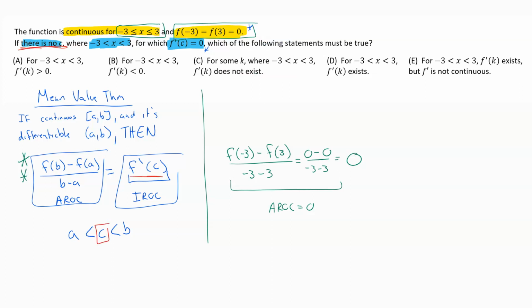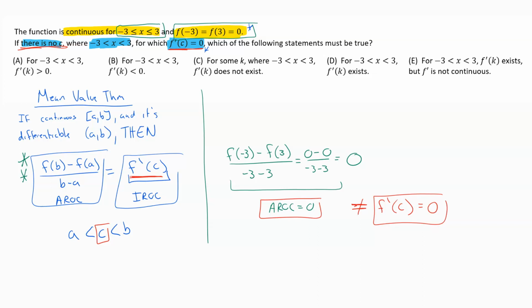We're not going to be able to find a c value such that the derivative is equal to 0, right? So it's saying something happened that isn't going to allow our final conclusion of the mean value theorem to go forth. So what you do now is come back and look at the if portion of your mean value theorem.